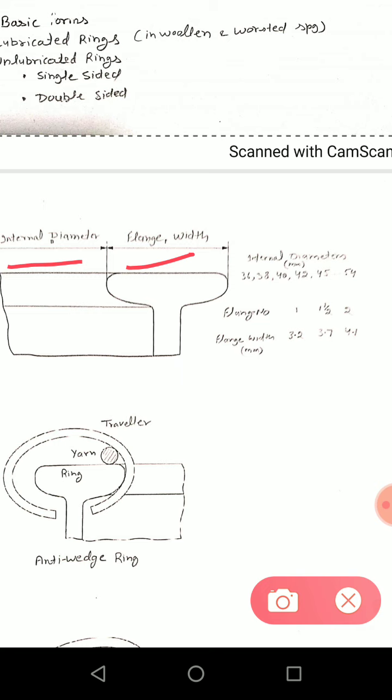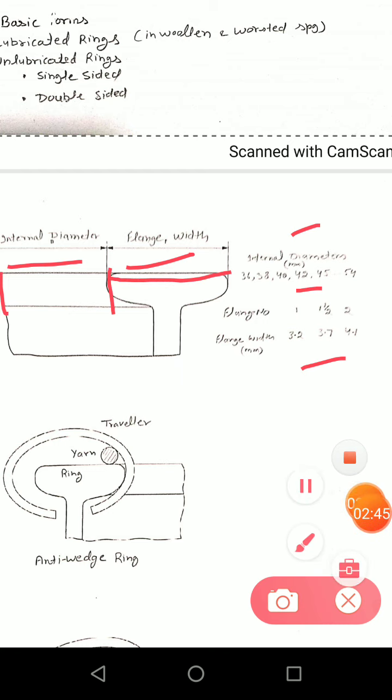Internal diameters commonly used are 36, 38, 40, 42 up to 54 mm, and flange width is 3.2, 3.7 and 4.1 mm with flange number 1, 1.5 and 2. These are two important dimensions of ring. This one is flange width and this one is internal diameter.